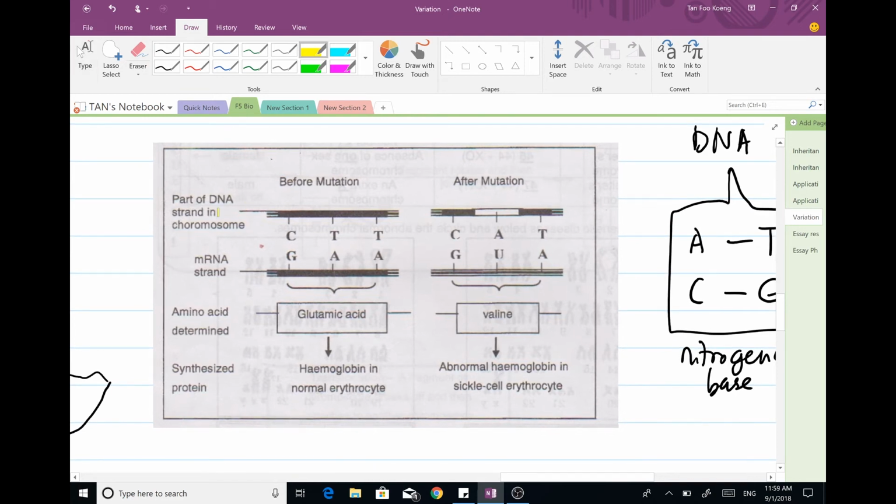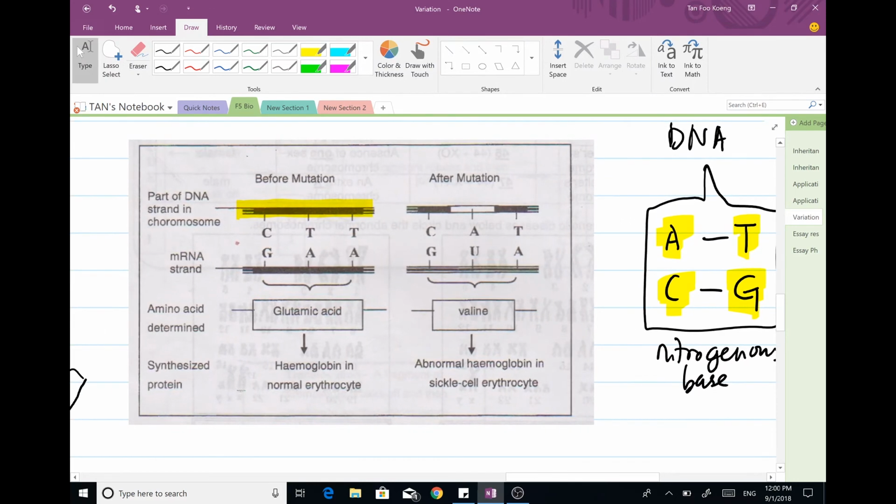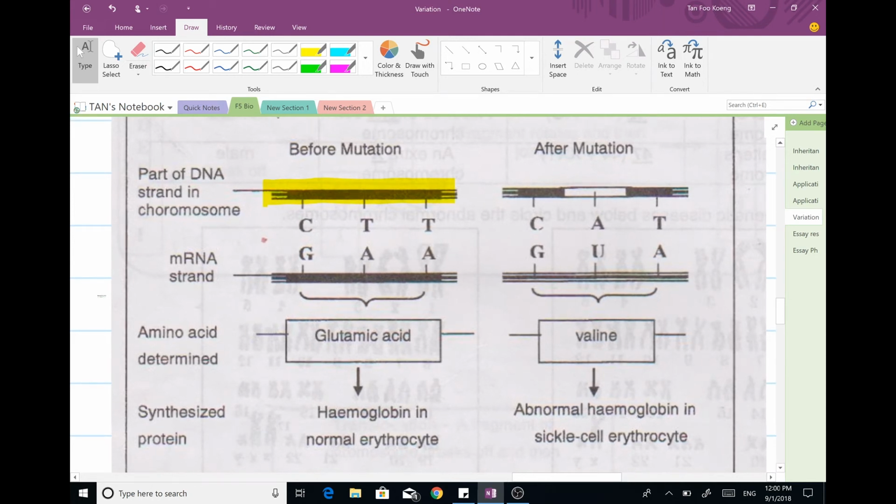Now look at this. This is the DNA, and in this DNA we have these nitrogenous bases. In DNA we have four types of nitrogenous base: adenine, thymine, cytosine, and guanine. A always pairs with T, C always pairs with G. During the replication of RNA, remember RNA copies the information from DNA.